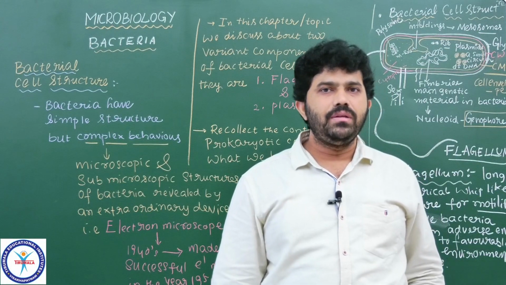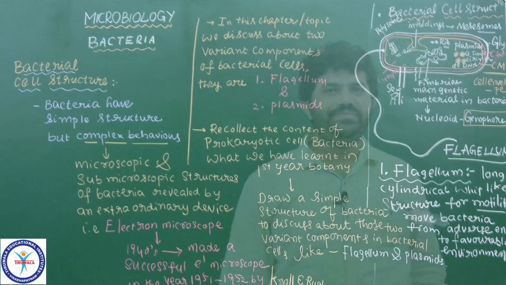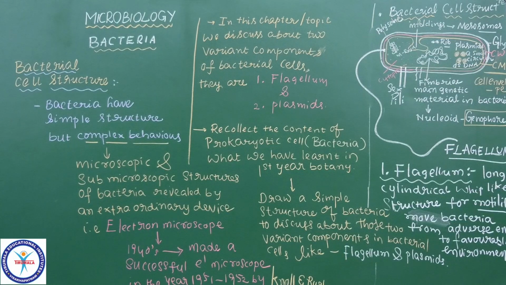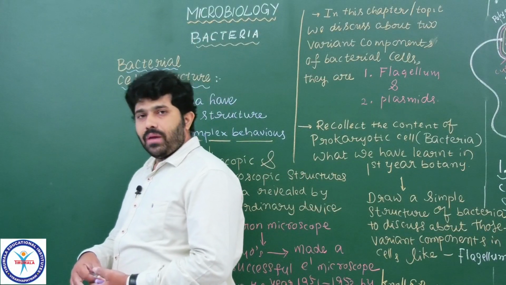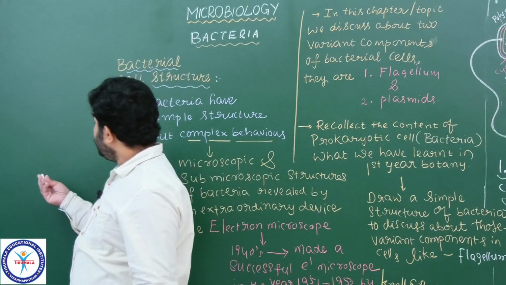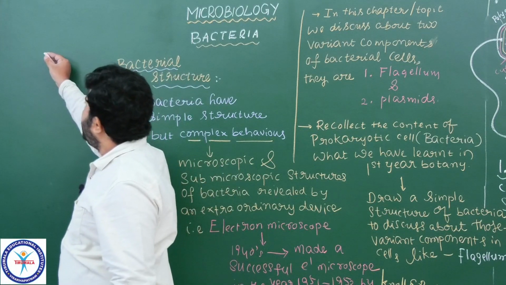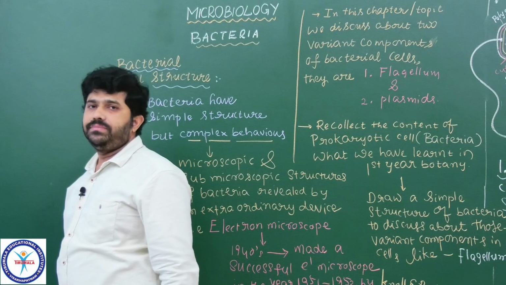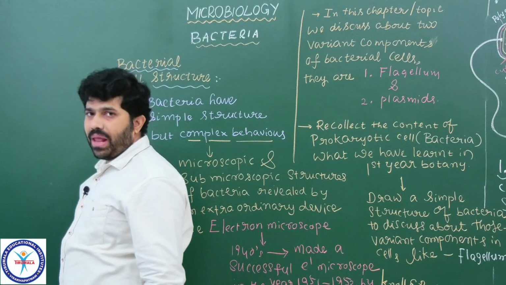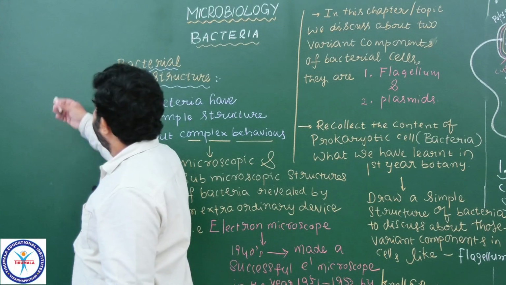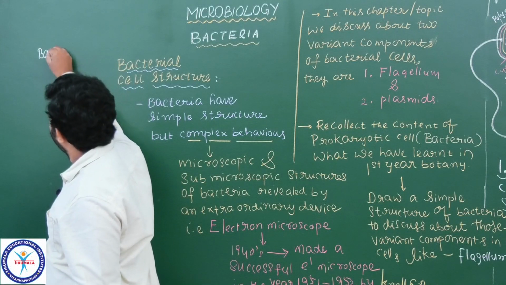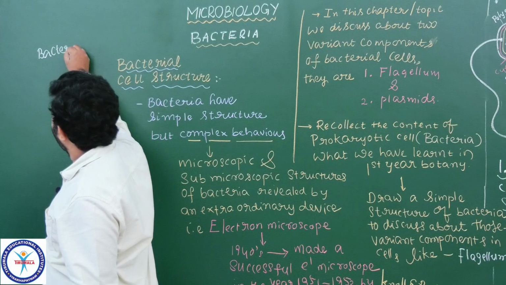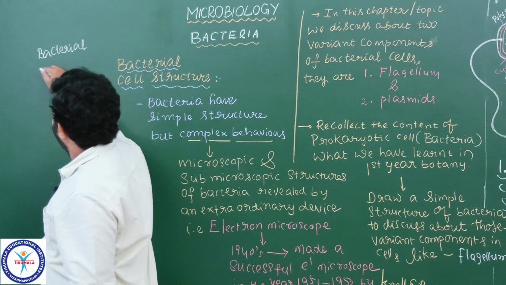Now, got the point? Okay, students? So now have a look at the bacterial cell with flagella, and their number and arrangement. Here I am explaining, you please note down.